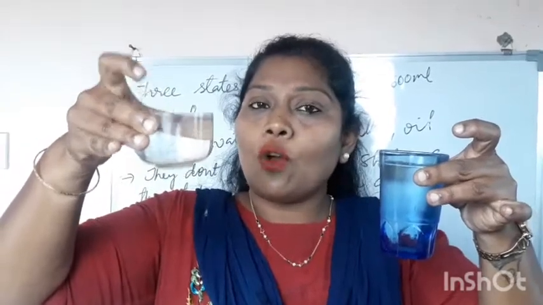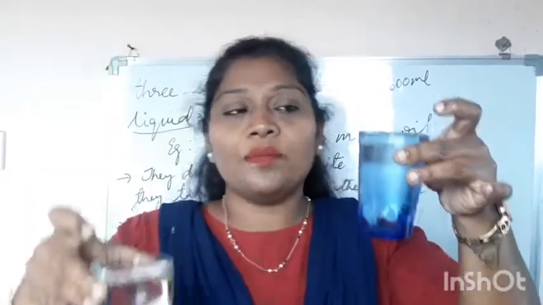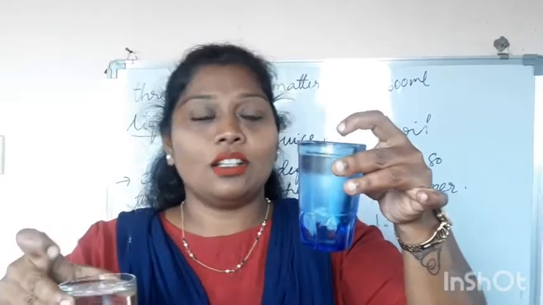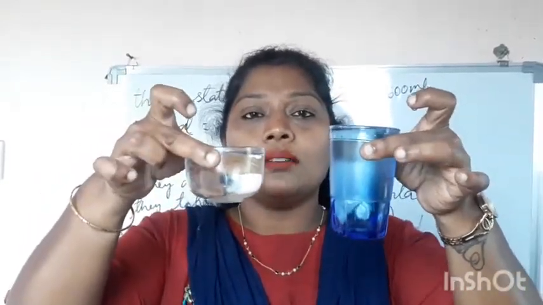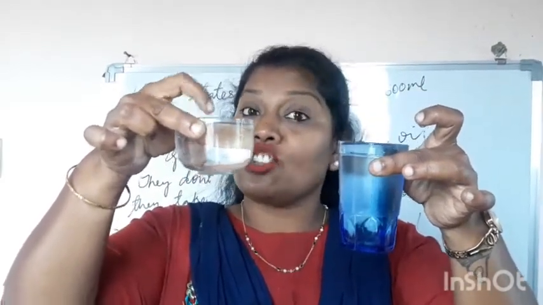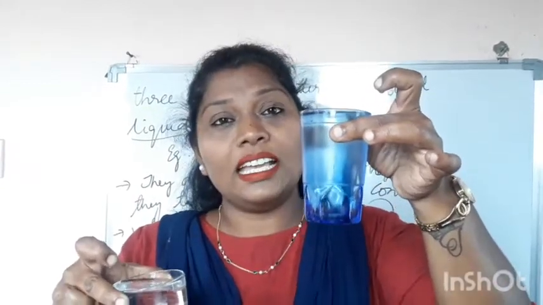The amount of water present in this cup is the volume of this water, and the amount of water present in this glass is the volume of the water in that glass. So are these two equal? No. So children, here the water is taking the shape of a cup, and here the water is taking the shape of the glass.